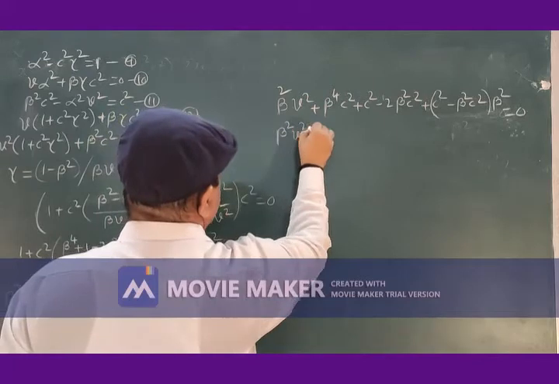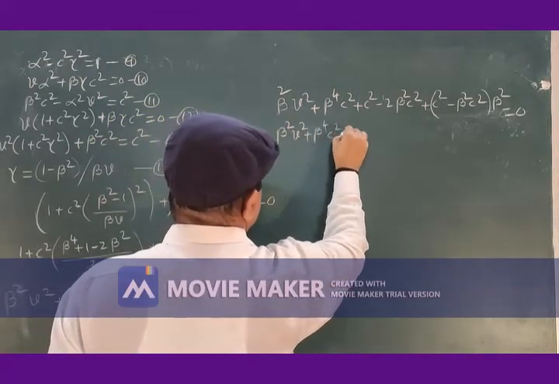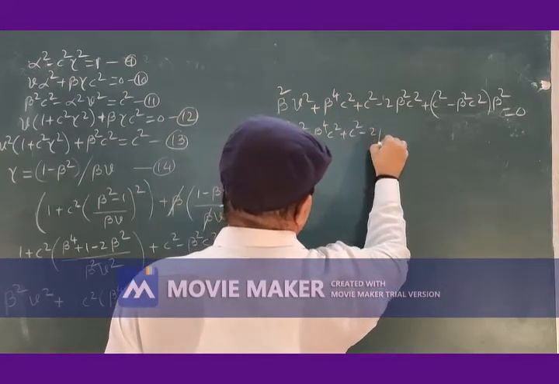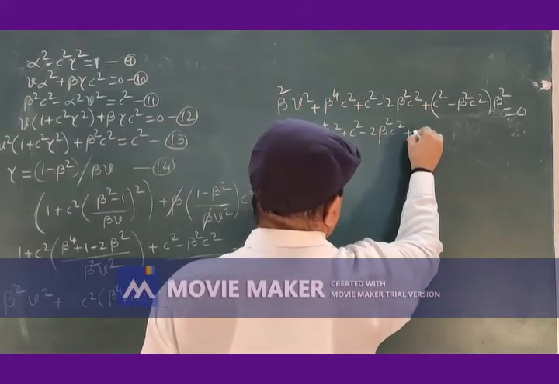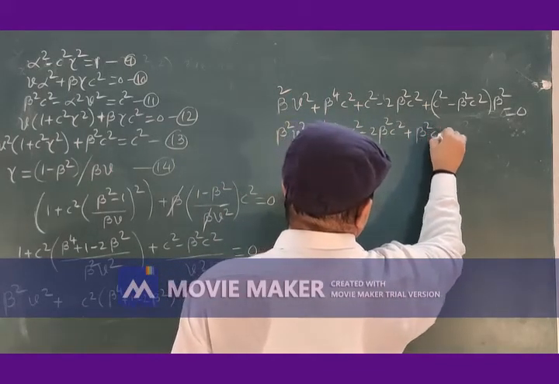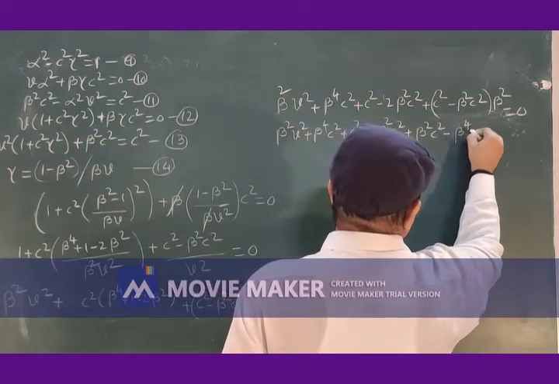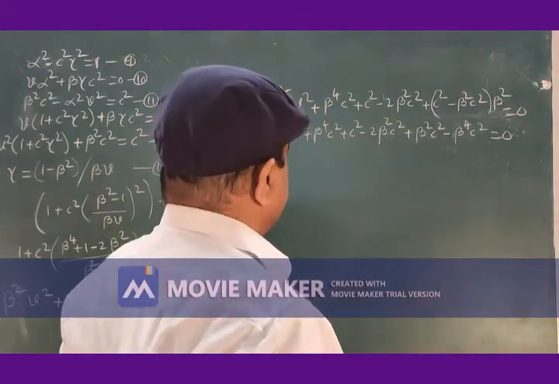Beta square v square plus beta to the power 4 c square plus c square minus 2 beta square c square plus beta square c square minus beta to the power 4 c square is equal to 0.